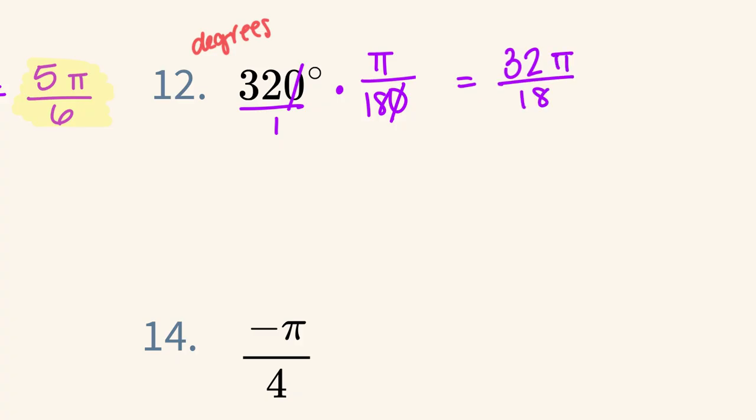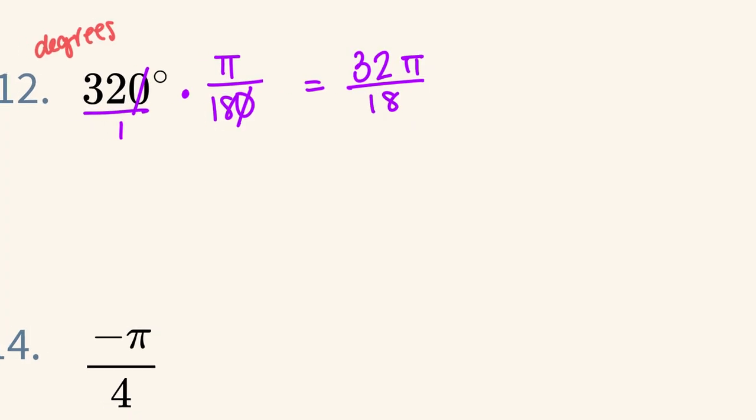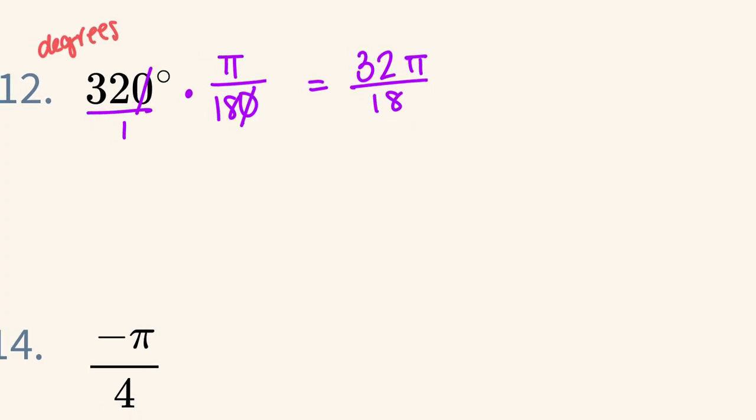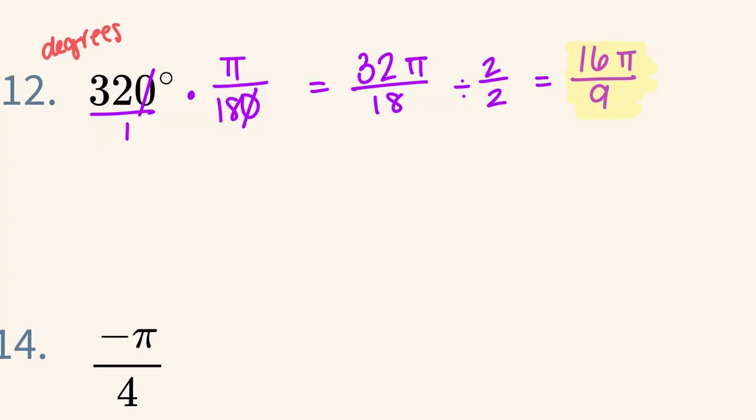Can I simplify this? Yeah, using what number? I can use 2. They're both even. And I'm going to get 16 pi over 9. Can I simplify it even more? No, this will be it. You have to simplify your answers.